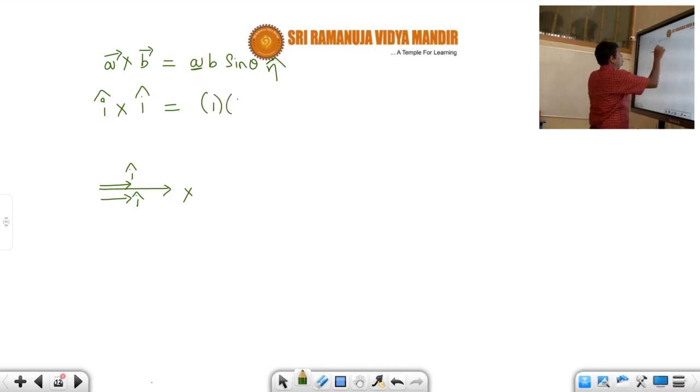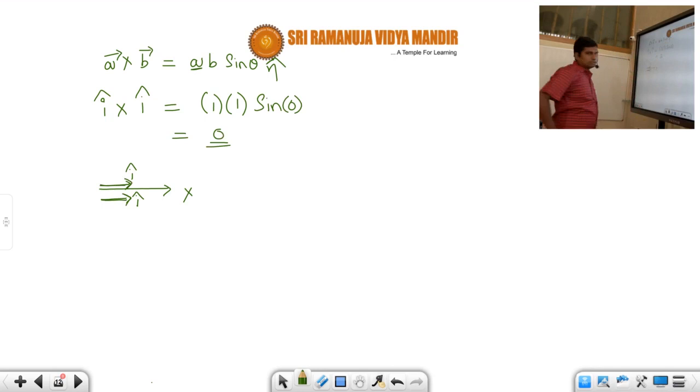What is the magnitude of the other i cap here? 1. Into sine of, what is the angle between these two unit vectors, students? i cap and i cap, sine 0. So here itself we can say that it is 0 irrespective of direction. So whenever you do the cross product of the same vectors, the result will always be 0. So I can write i cross i is equal to 0.